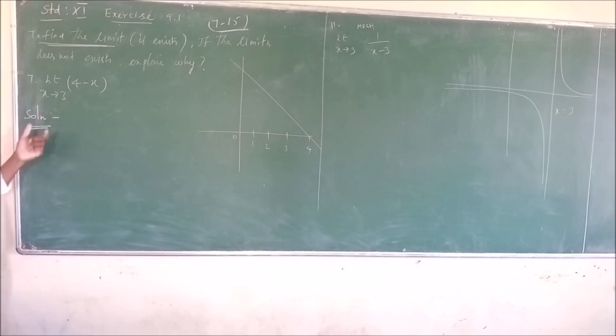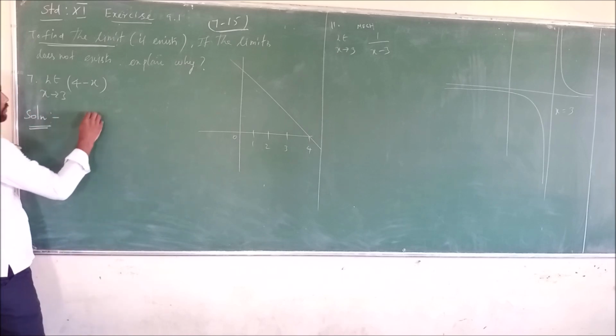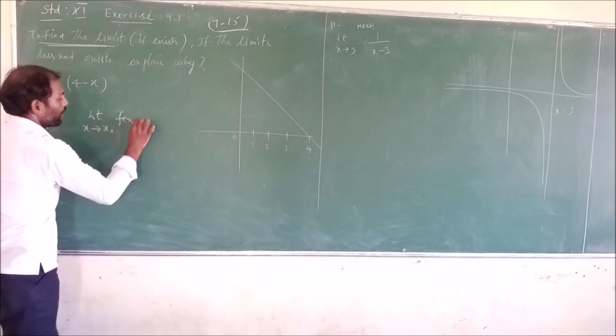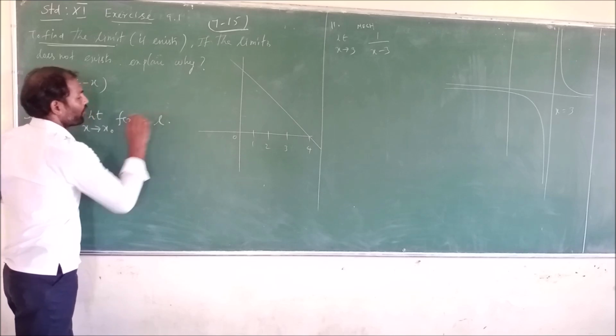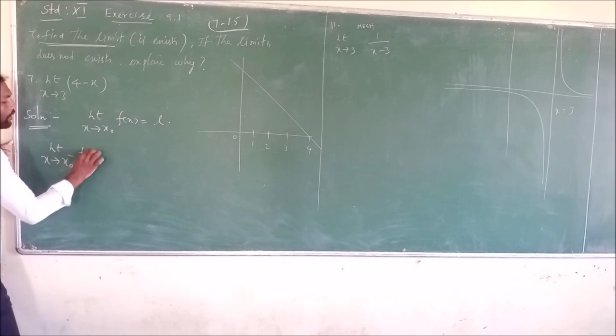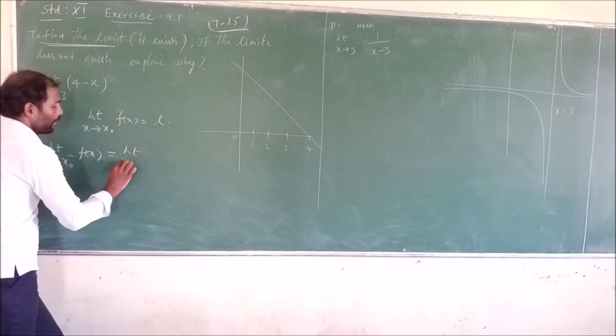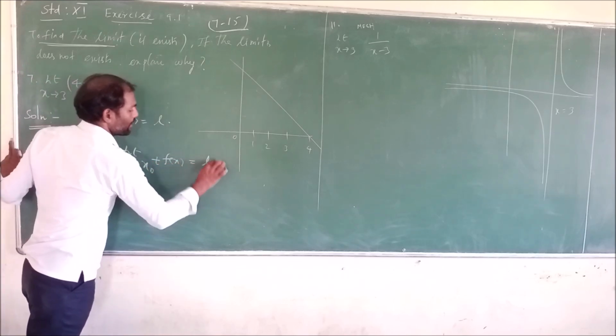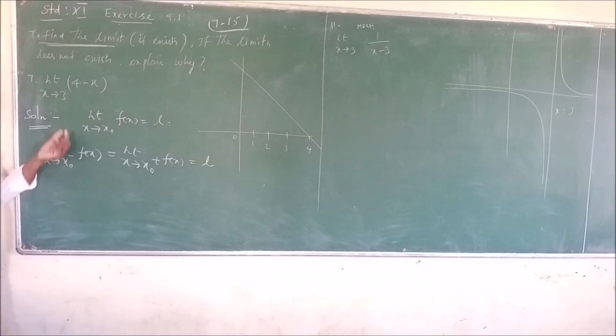The basic definition for limit is: limit as x tends to x naught of f of x equals some finite value. And also, the left hand limit as x tends to x naught minus of f of x equals the limit as x tends to x naught plus of f of x equals the same L, then the limit of the function exists.